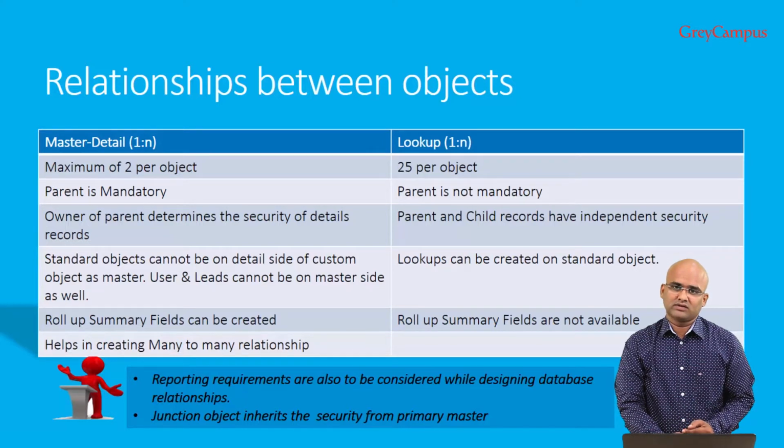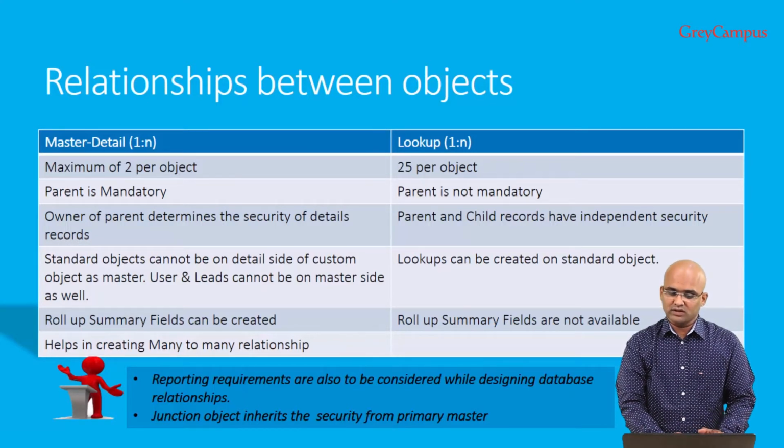What this tells us is, if a master is deleted after you enter the data, for example you delete an account, the incidents associated with that account are deleted. So the parent is mandatory for the child to survive, but that is not true in the case of a lookup relationship.